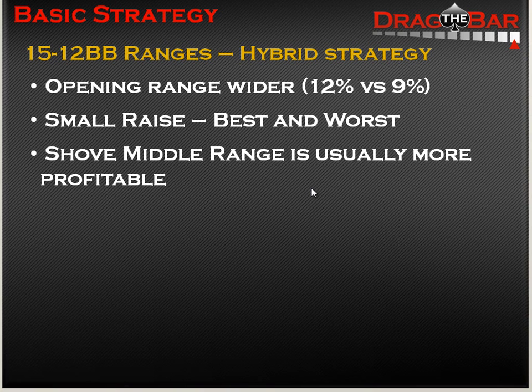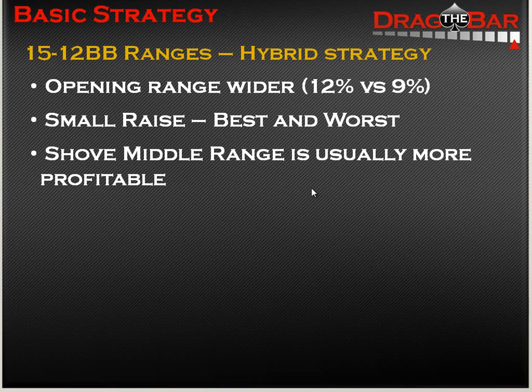Typically, we're going to want to make our small raise range a polarized range, which is going to be like the very best of our cards and the very worst of our cards that we're going to play. Polarizing your range here is important because it gets more value out of the really strong hands, and if you had a strategy where you just min raised your strongest hands and open shoved your weaker hands, people would start to catch on to the fact that that's what you're doing, and they'd start to call you lighter when you're shoving.